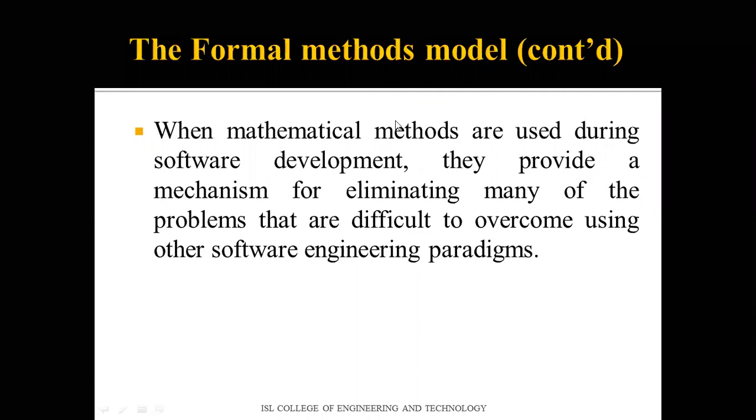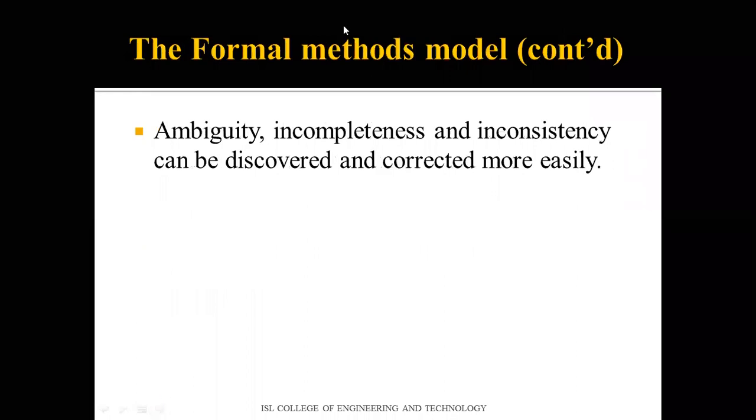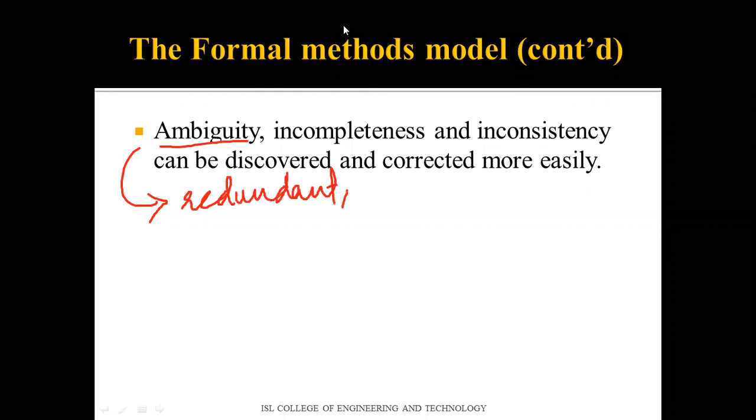Now whenever you're using these mathematical models, these are used to eliminate multiple problems. Now what are these multiple problems? The first one is ambiguity. Now what is ambiguity? It can be any type of redundant or duplicate data.